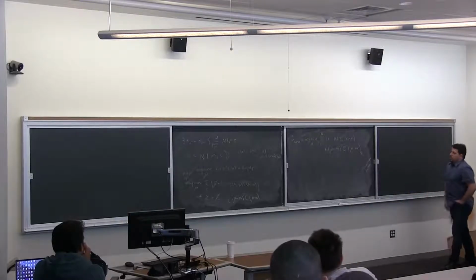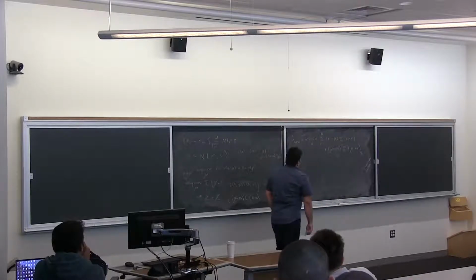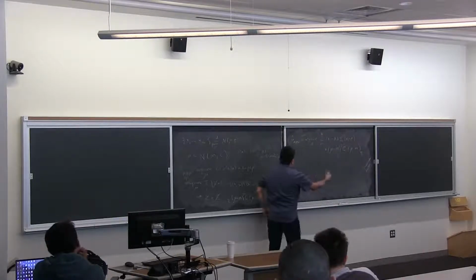Right? Okay, so let's take the derivative again, because still we have a quadratic function of mu plus a quadratic function of mu. So I'll take the derivative, equate to 0.